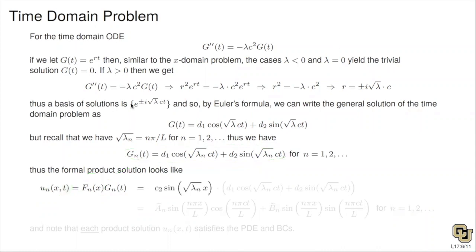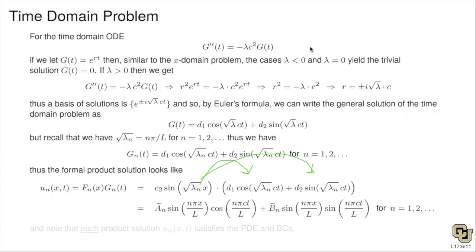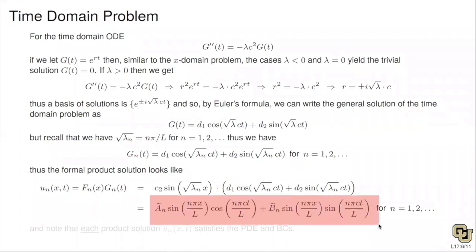So there's my F sub n of x times G sub n of t, and then just for fun, I distribute the f of x function across the g of t function here. And so now this is what our product solution looks like. This is a solution for each value of n. Each one of these is a solution where a sub n and b sub n can be any constants.